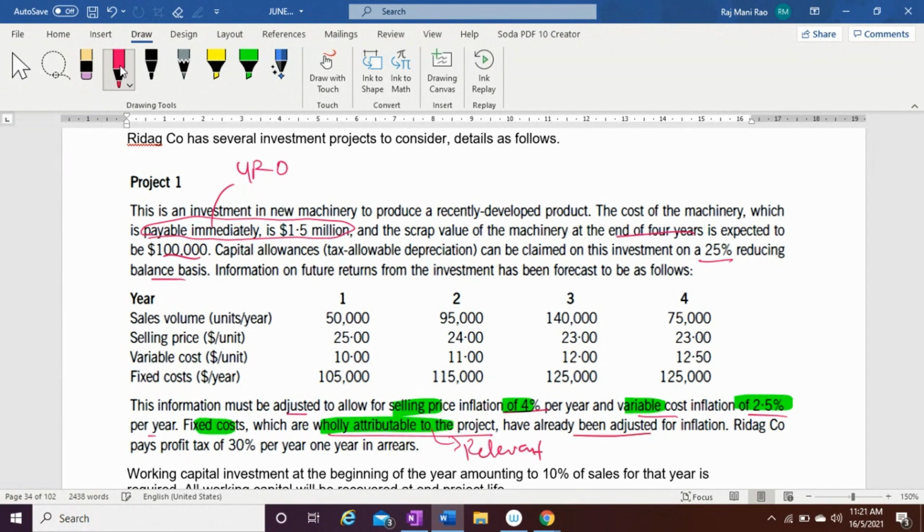Already adjusted for inflation. Pays tax at 30%, 1 year in arrears. One year in arrears means what? Your tax is delayed or not delayed?